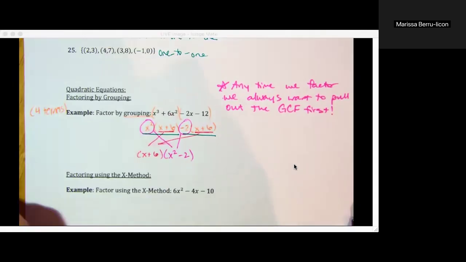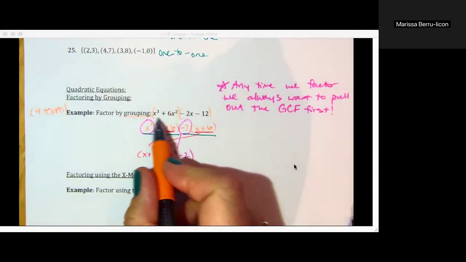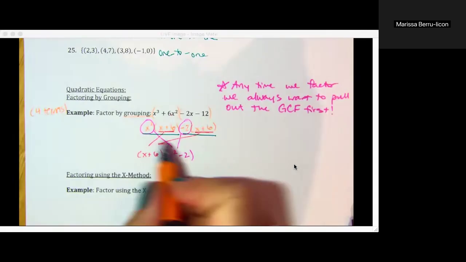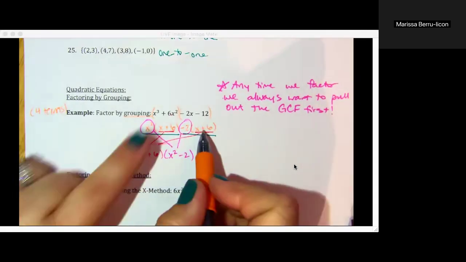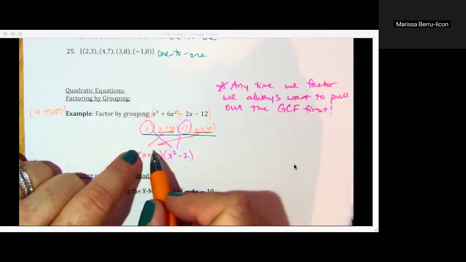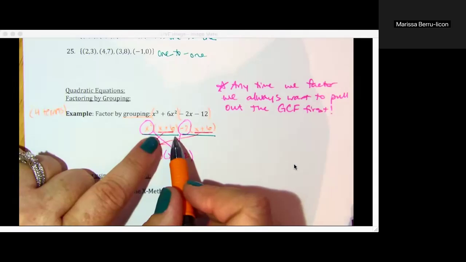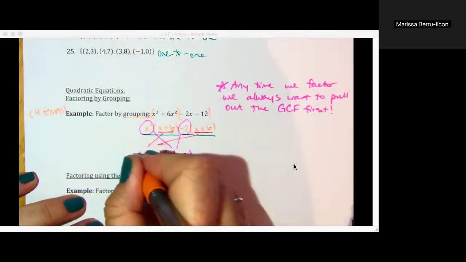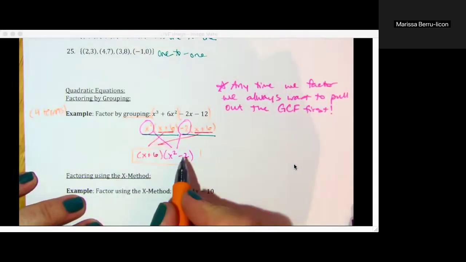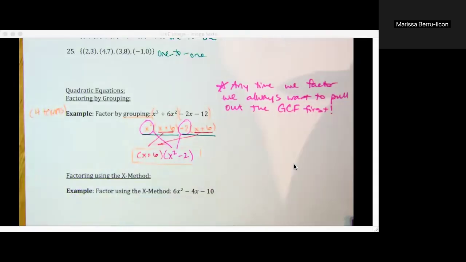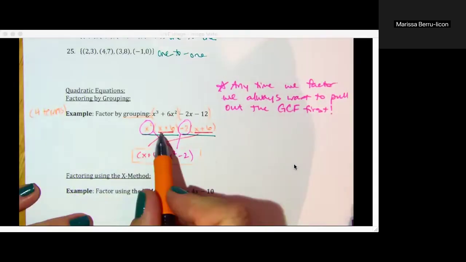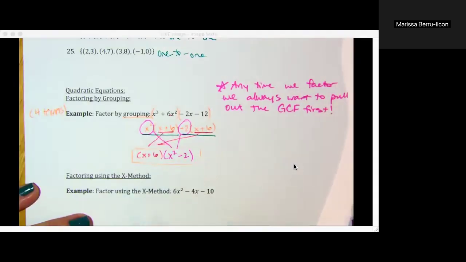That's the whole process right there: grouping the first two terms and the last two terms, finding their common factors, seeing that what we have here in parentheses is the same, and then bringing down what's left over. Now, you'll see some examples where maybe what's left over we could factor further, or maybe what's in parentheses here is not the same, and then we can't use factoring by grouping. So there are variations of problems with four terms, but that is an example of factoring by grouping.